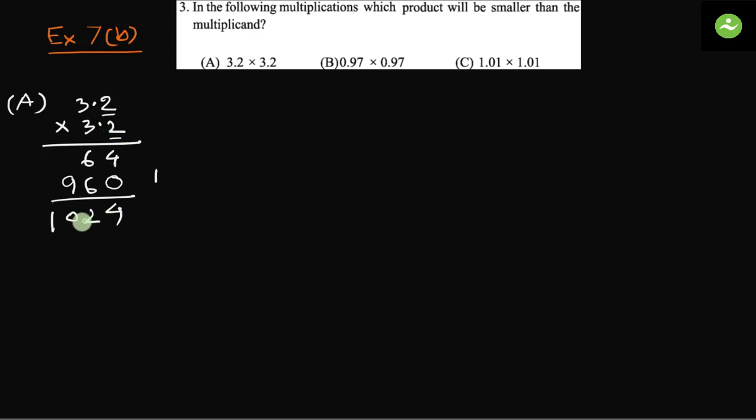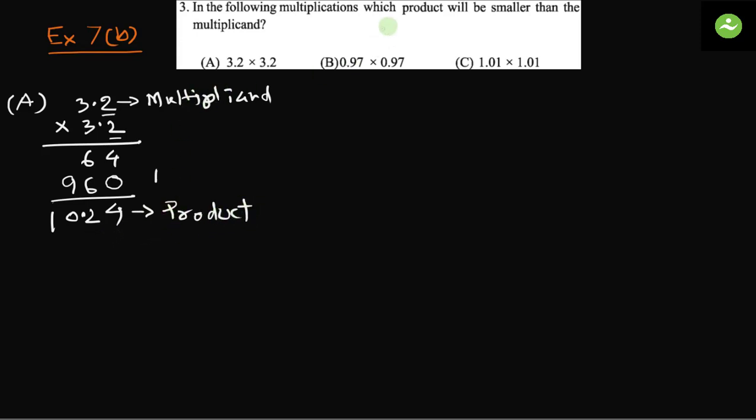So we have to put the decimal point before 2 digits. 10.24. This is the multiplicand. And this is the product. The result is the product in case of multiplication.